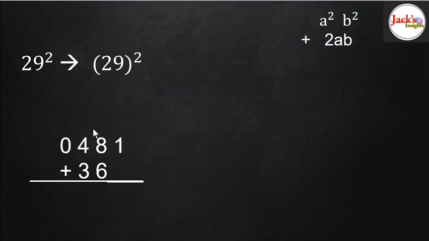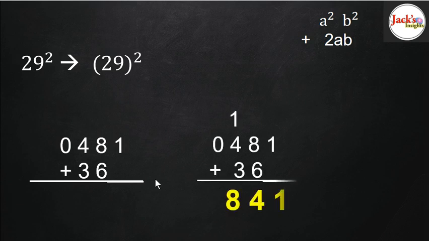So we're going to square the first digit, the tens digit, and also the ones digit, and then add 2ab, twice the product of the two digits. So that is 2 times 9, 18 times 2 is 36, and then you can get the square. We have the process.